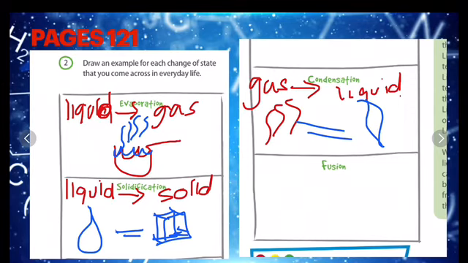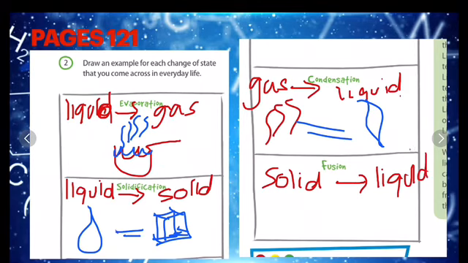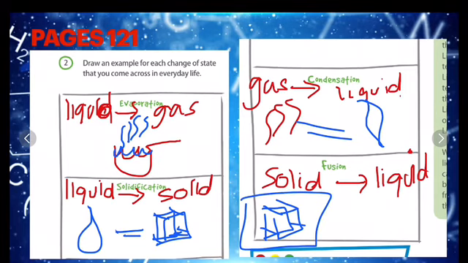Fusion means when you change the state solid into liquid. Imagine the ice cube in your glass of water, and all of a sudden it starts what?